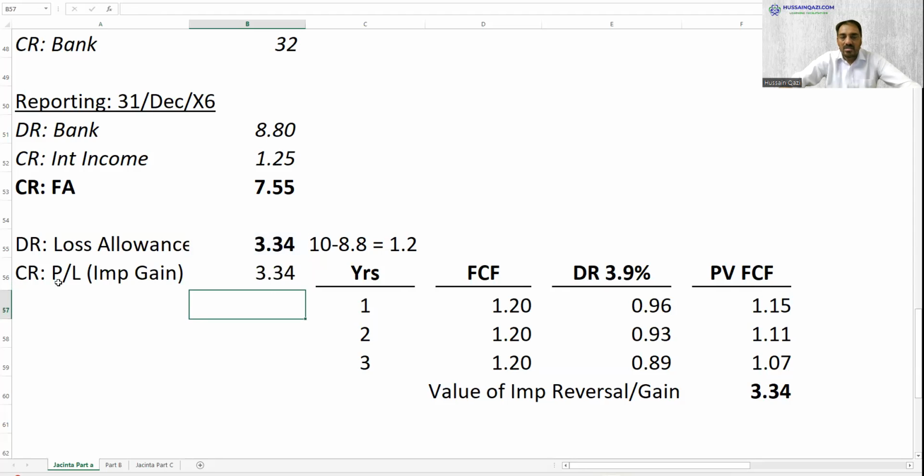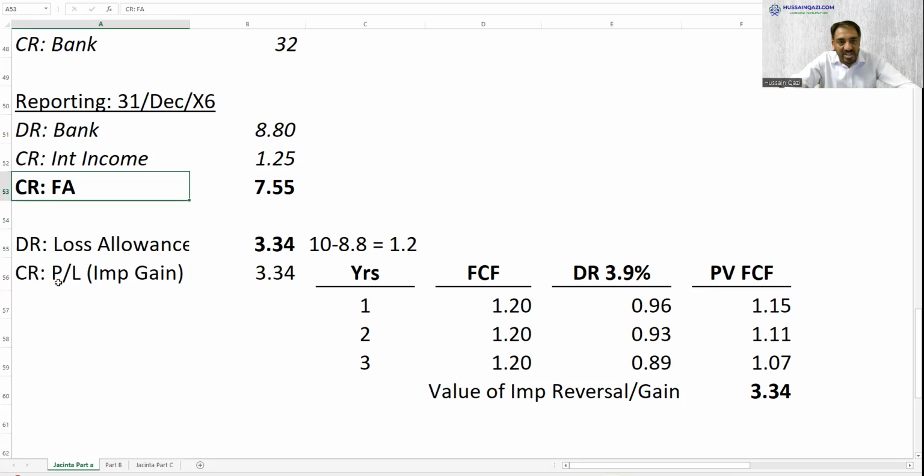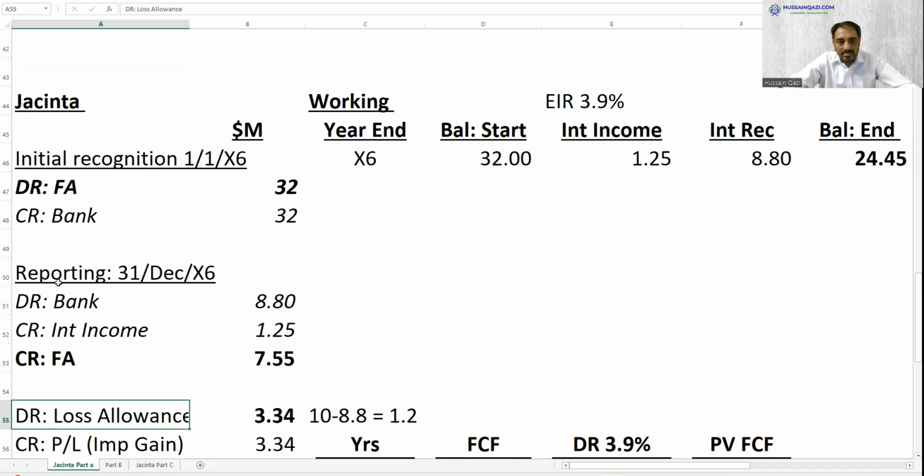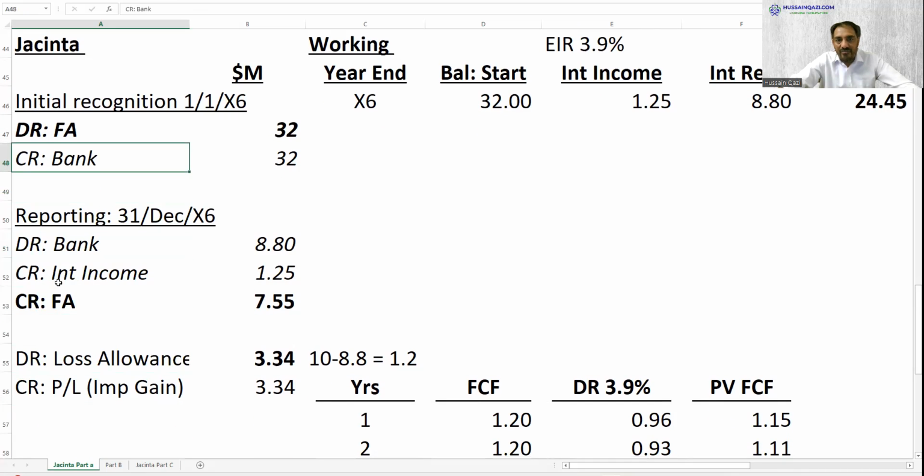Normally, if we account for the financial asset, there is a parallel accounting of the impairment loss. In the case of a purchased credit impaired financial asset, it's possible that at one point the balance sheet reflects 24.4 as a financial asset, and on the other side the loss allowance of 3.34.